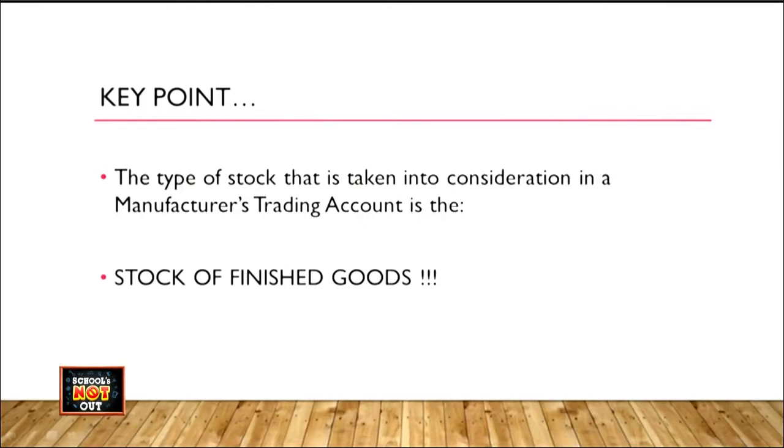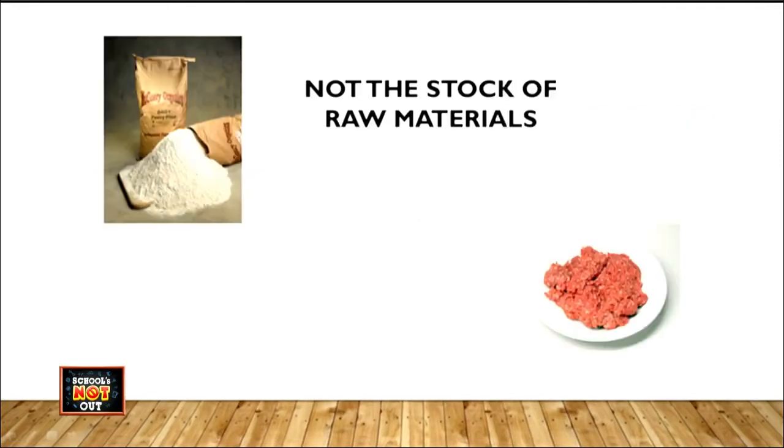Now, students, listen carefully again. We will not be focusing on the stock of raw materials. So, for the previous lesson, where we looked at bellyful patties, we would not be considering in detail the stock of the flour or the wheat that would be used in the manufacturing process.